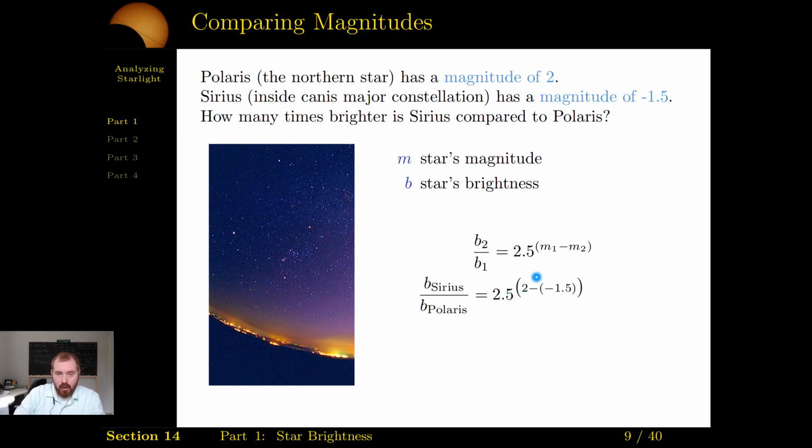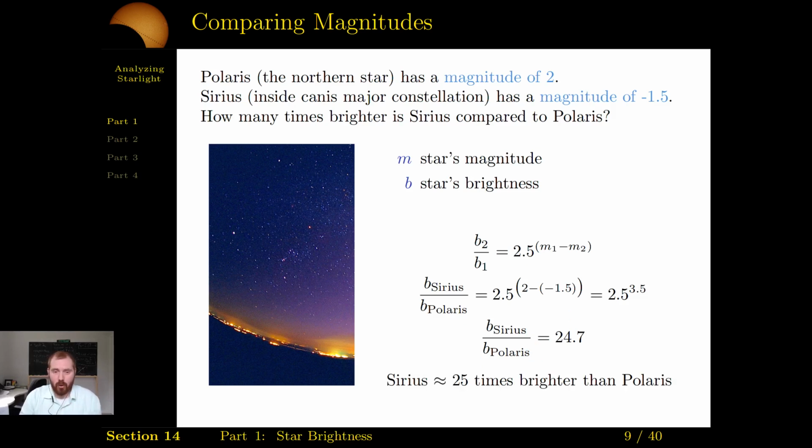Polaris is 2. Sirius is minus 1.5. So the difference in magnitudes is 3.5, so 2.5 raised to the 3.5. And if you calculate that out, you'll find that Sirius is about 24.7 times brighter.